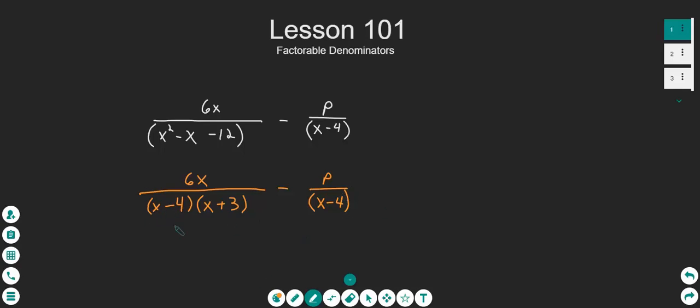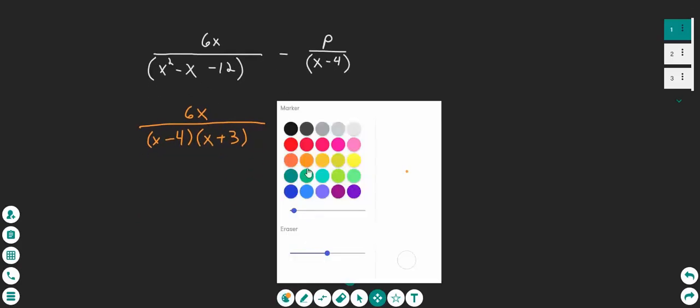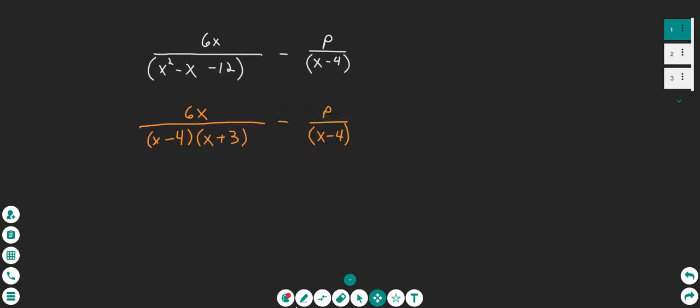All right, so once we have it in this form, now we can look at it and maybe things will become a little bit more clear here. Because now we can see that, if I'm trying to find a common denominator here, there is something that is common between these two denominators. I have an x minus 4 over here, and I have an x minus 4 over here. So that factor is common to the two terms.